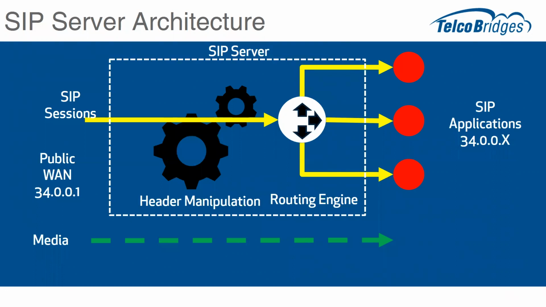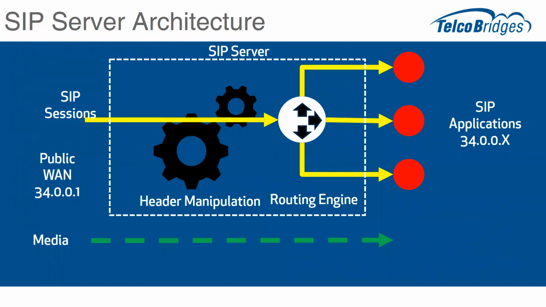So in a lot of cases, how it's used is there might be multiple SIP applications, let's say to scale a large application, such as a large conferencing application. So you might have 3 servers on the right, and your request to join a conference would come in through a SIP message.